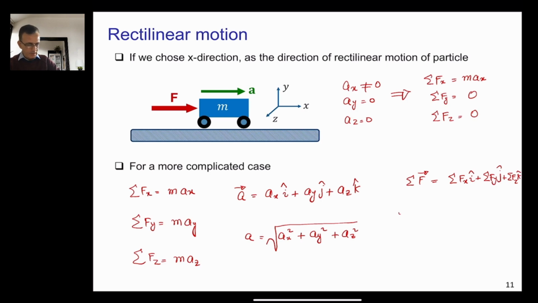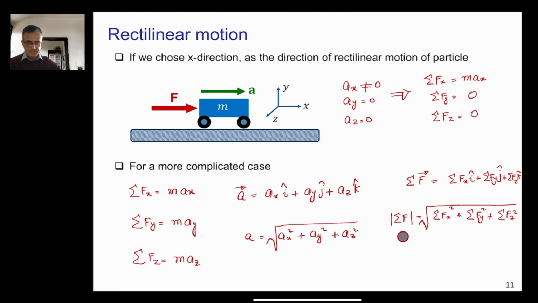And then we can write the magnitude of this from its components. So summation of all the forces in x squared plus summation of all the forces in y squared, and then z squared, and under the root. So again, we can use the Pythagoras theorem to calculate the magnitude of this resultant force.